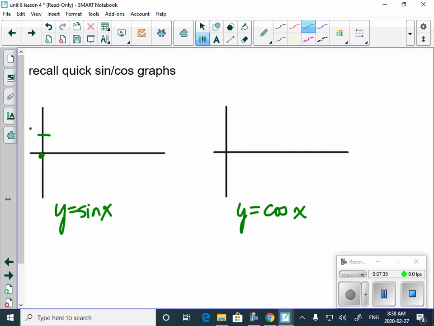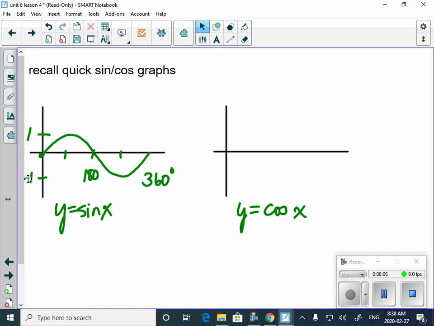Its highest is 1, and its lowest is negative 1. So it goes from 0 to 1, back to 0 to negative 1, back to 0. And the period for that is 360 degrees. So in the middle, I know I have 180, and you can subdivide from there in order to move it.